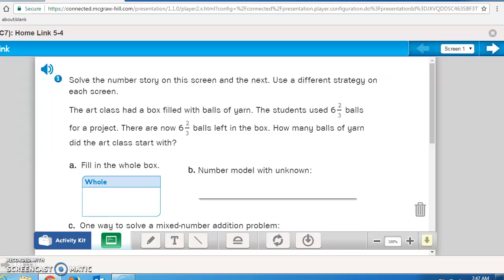So write the number model, add them. In the whole box, you would write balls of yarn because that's what it asks, how many balls of yarn did the art class start with. And then C says, one way to solve a mixed number addition problem is to, remember, you can write it as a mixed number or as a fraction. Pause the recording now and do math problem 1.